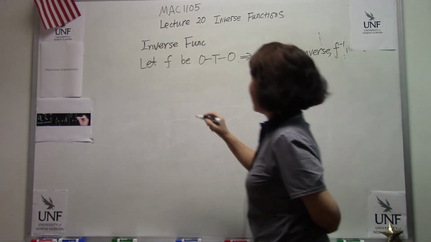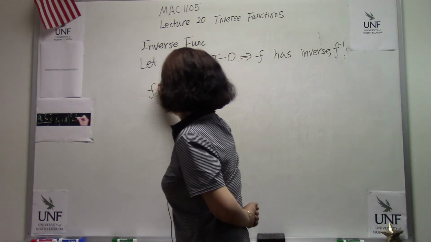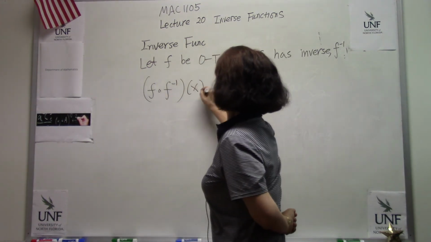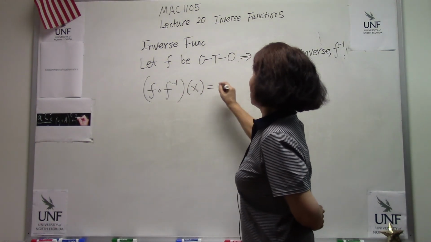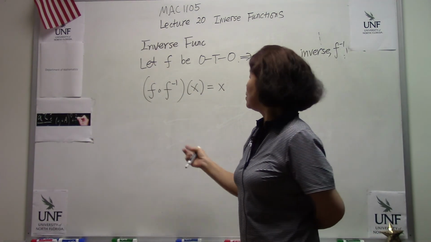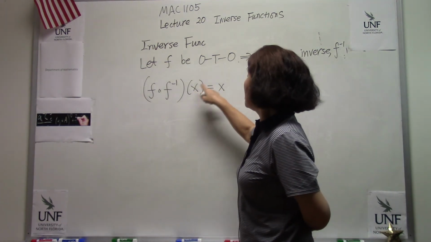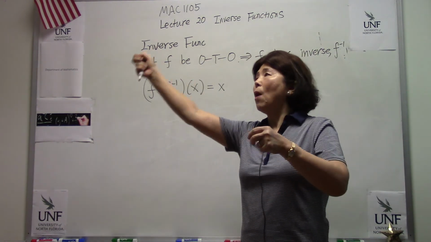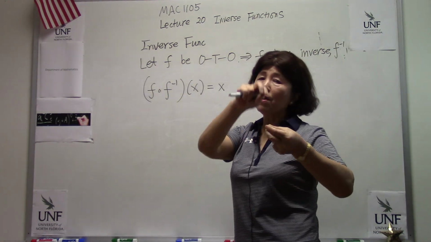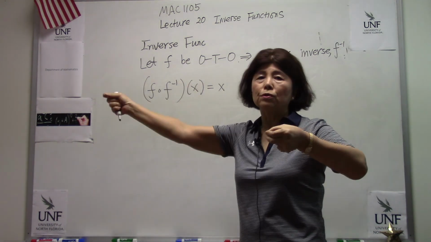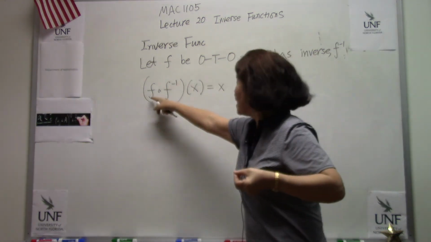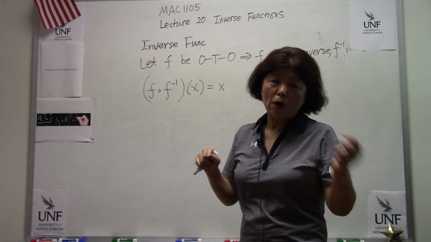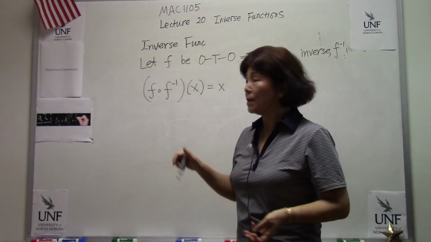And the relation we can find is that when you compose these two, the result is going to be x. So in other words, you start from 1, you are going to have 1, because you go one direction and you come back. So wherever you start from, you are going to come back. That is the concept of composing the function and its inverse.